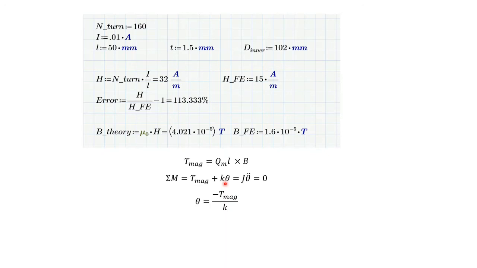The string suspending the magnet leads to a torsional spring coefficient K. After some motion, the J theta double dot term, everything will settle out, including some unmodeled damping. And so the angle that my pointer is at is going to be the torque by the magnetic force divided by the spring constant K.